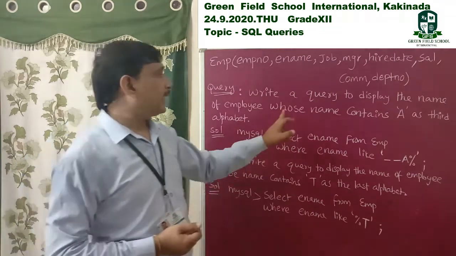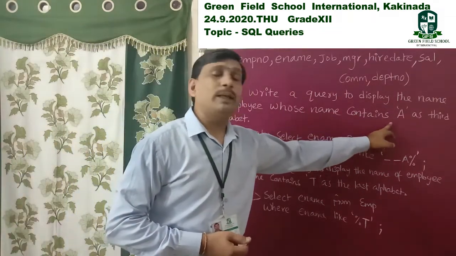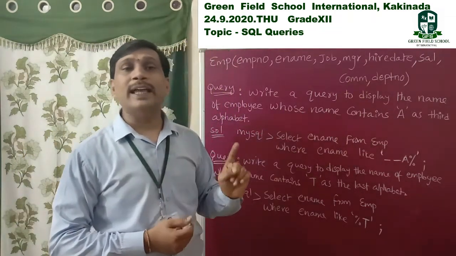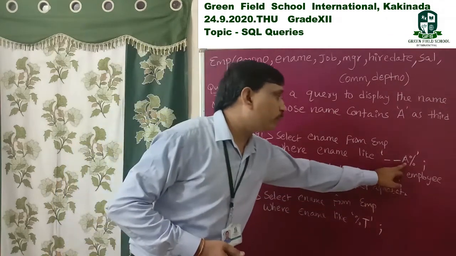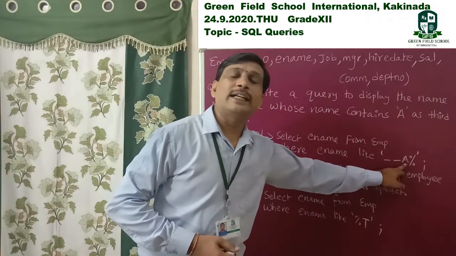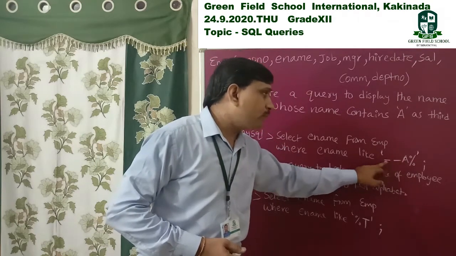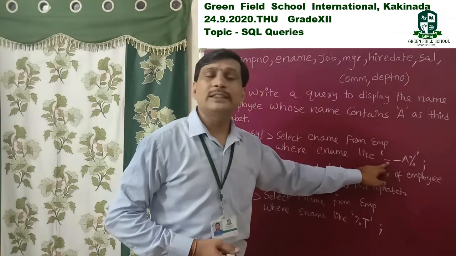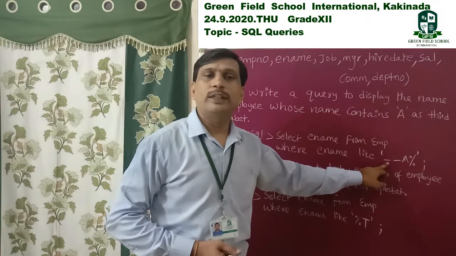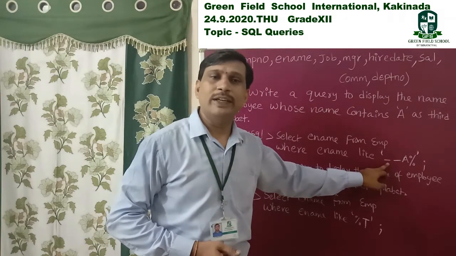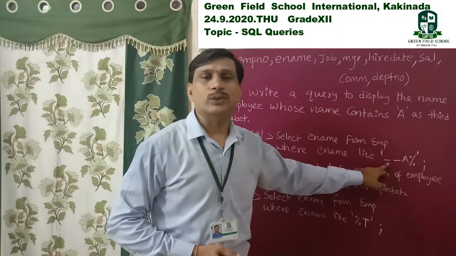See, they are asking whose name contains capital A as the third character. The third character must be capital A. That's why we specify it here. Before the third character, they have 2 characters. We do not specify those characters, that's why we use underscore here.